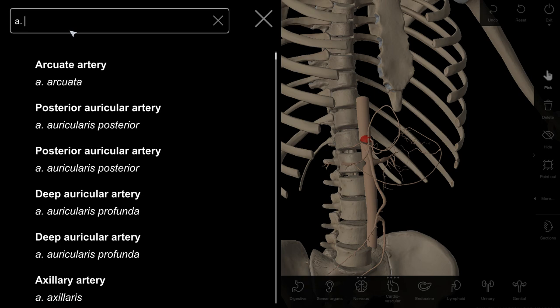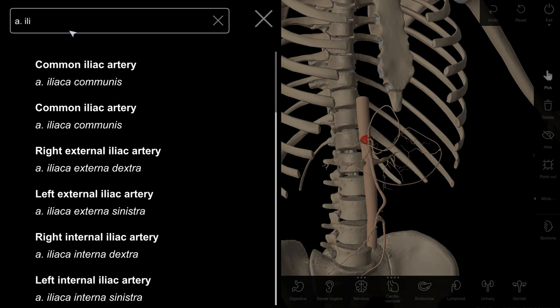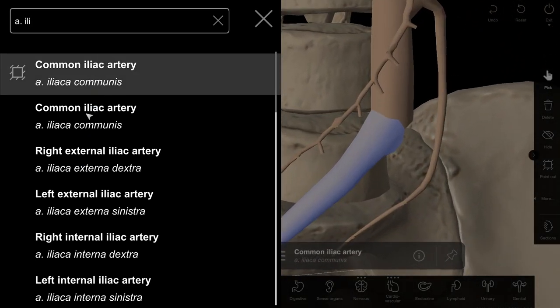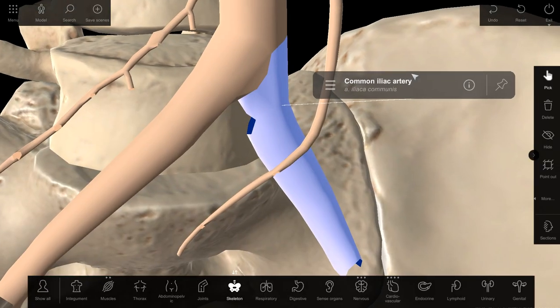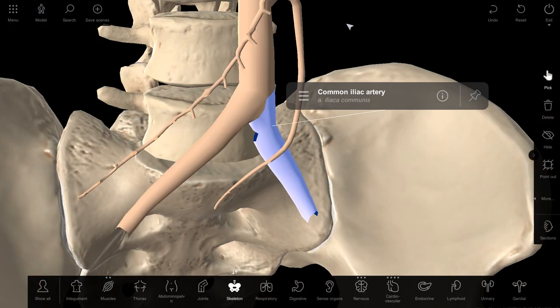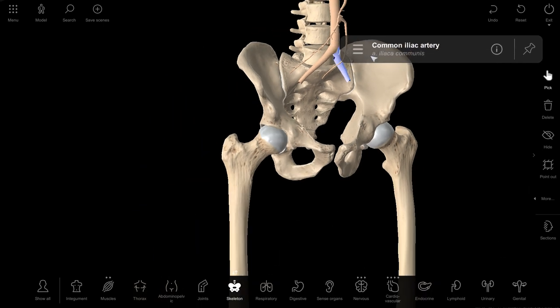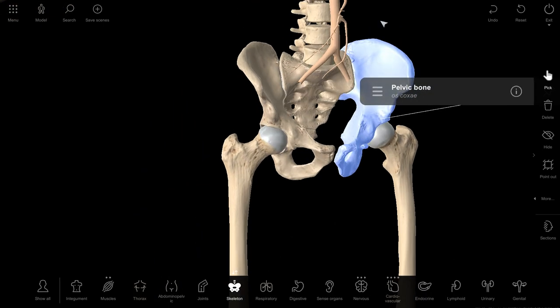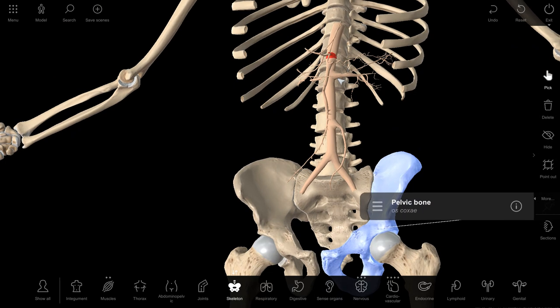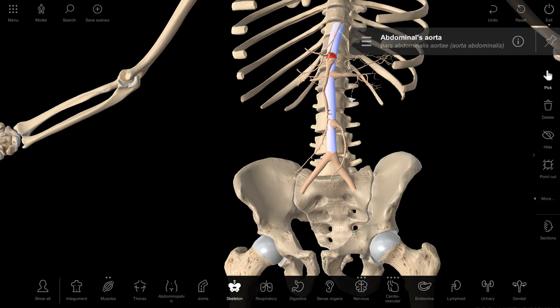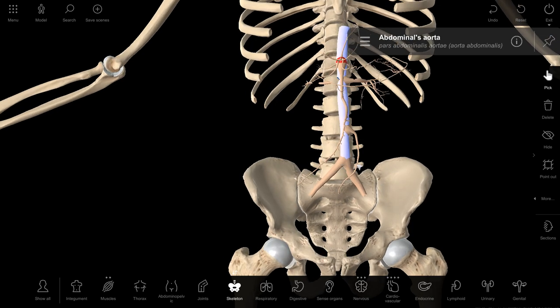Arteria iliaca communis dextra and arteria iliaca communis sinistra. So, now we can see that aorta abdominalis divides into its main branches.